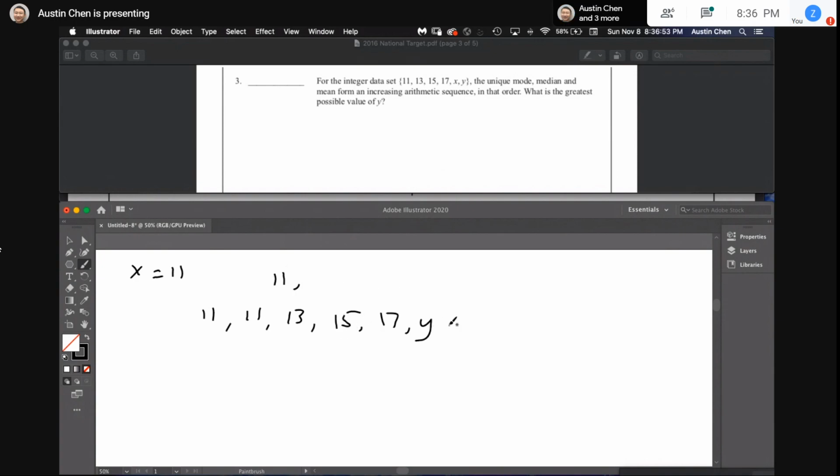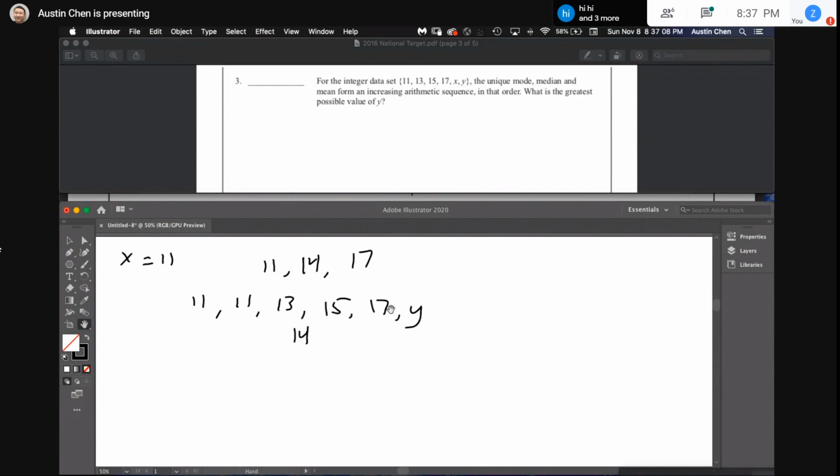Then the median will be 14, and because this forms an increasing arithmetic sequence, the mean will be 17. Then we see what y will equal if the mean is 17.